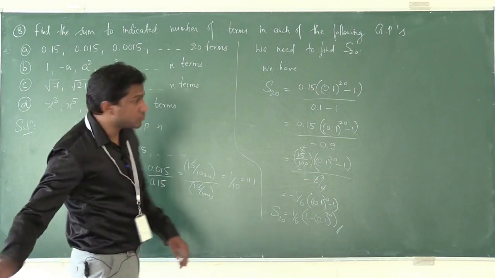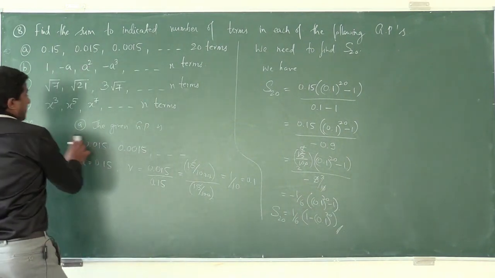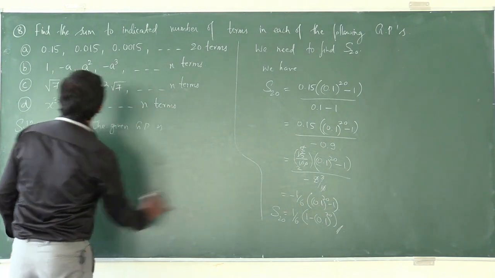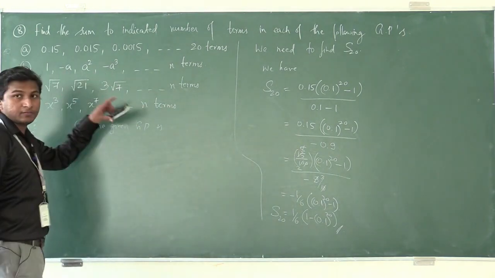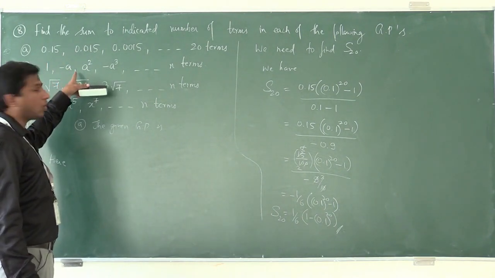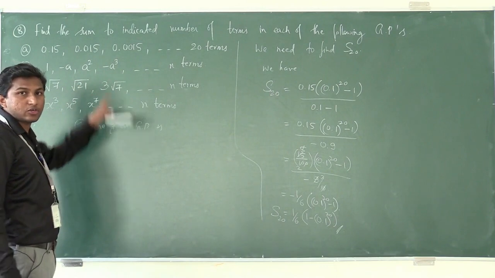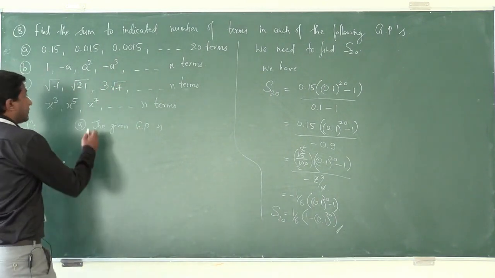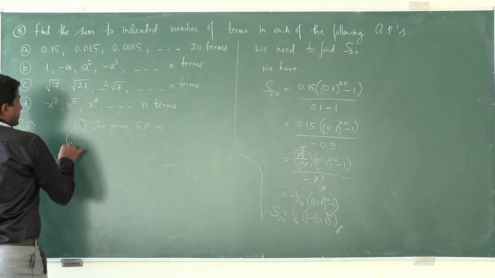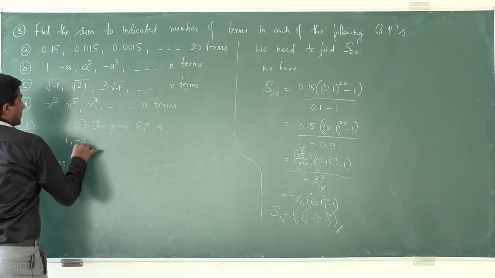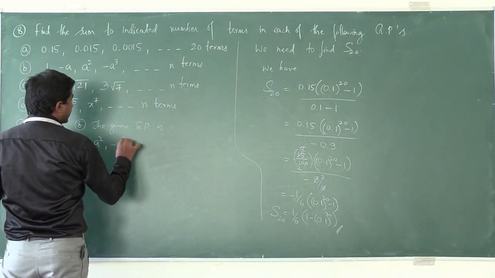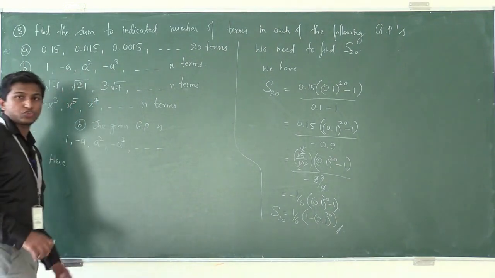Moving on to sub-question B. What is the given GP here? The given GP is 1, minus a, a square, minus a cube, and so on.